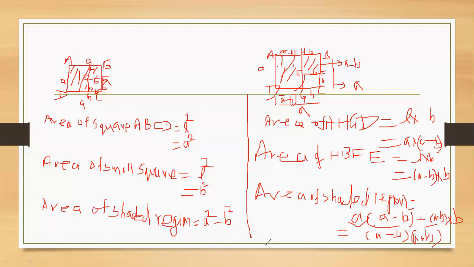Like this we write. This is also the area of the shaded region, and both of them represent the same part of this square figure.